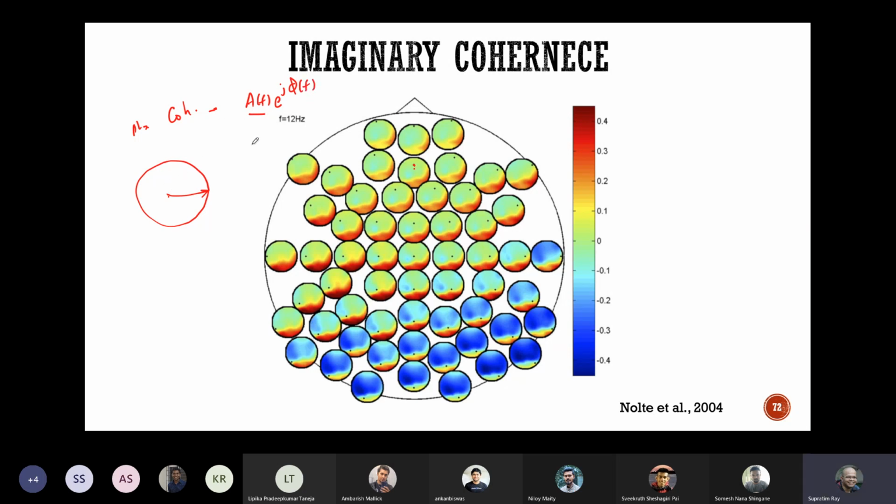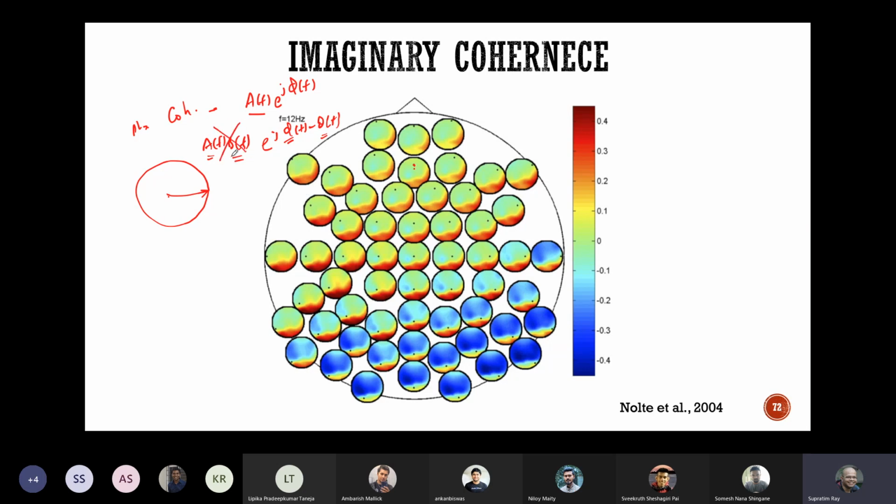And between two electrodes, you look at the cross spectrum, which is A(f) B(f) e to the power j(phi(f) minus theta(f)). Here phi and A correspond to electrode 1, B and theta correspond to electrode 2.